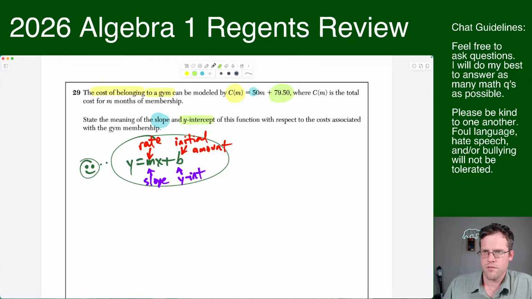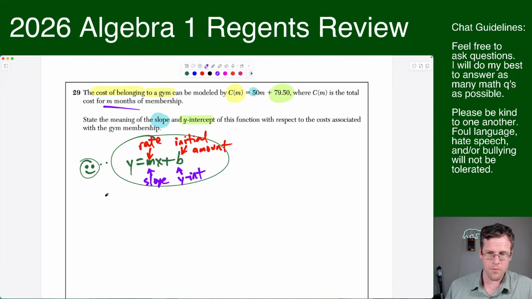Think about it: the slope is the rate and the y-intercept is the initial amount. Be mindful here that M is in months. M is in place of X here. That's annoying they used M when M usually means slope. That was their way of being cruel. But whatever, so this is the monthly fee.